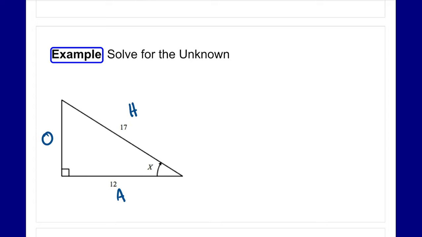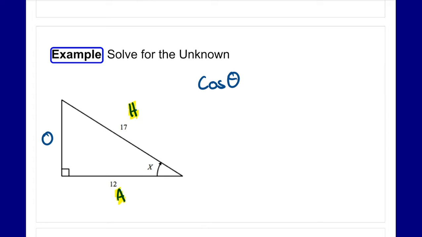Next, you're going to figure out which ratio you are going to use. You do that by looking at which sides you're given information for, or what side you're trying to find. I'm given the hypotenuse and the adjacent. If I go back to my ratios, the only one that deals with adjacent and hypotenuse is cosine.